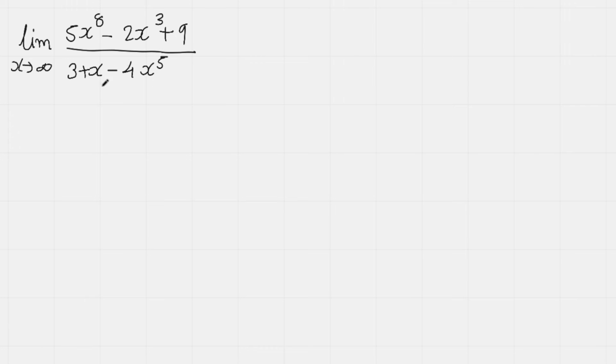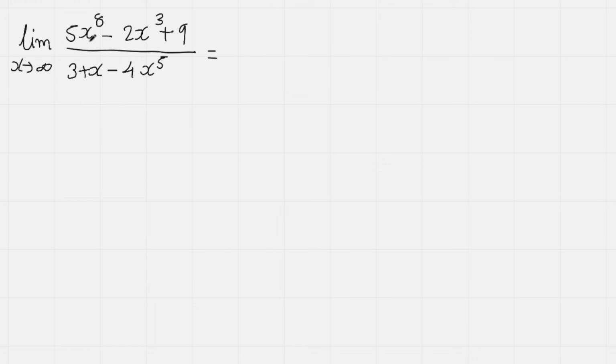In this function we can see that the degree of the bottom is 5, which is less than the degree of the top, which is 8. So here the limit is negative infinity.